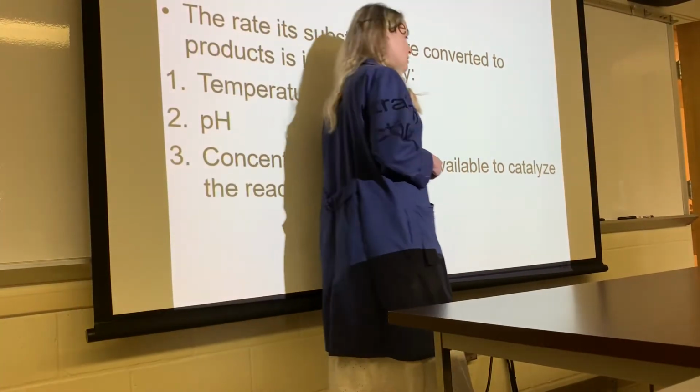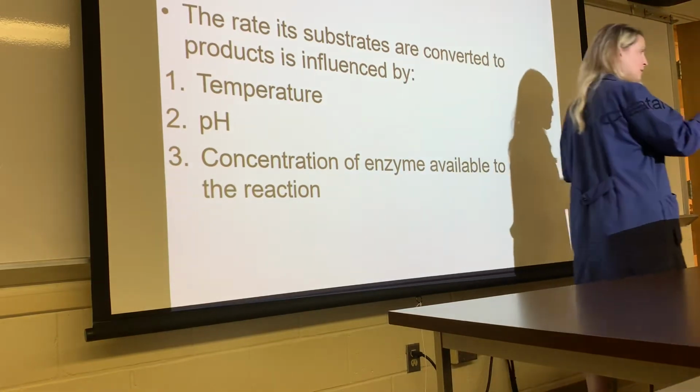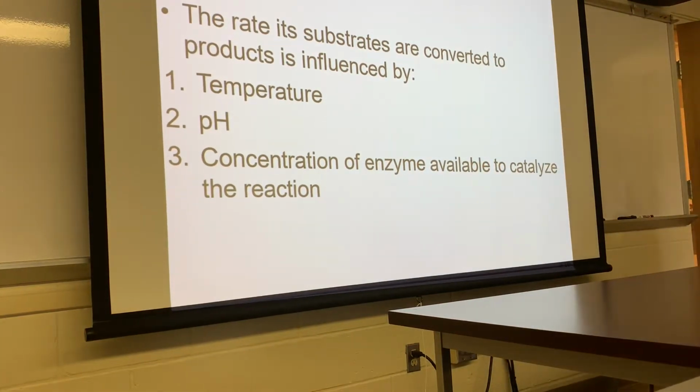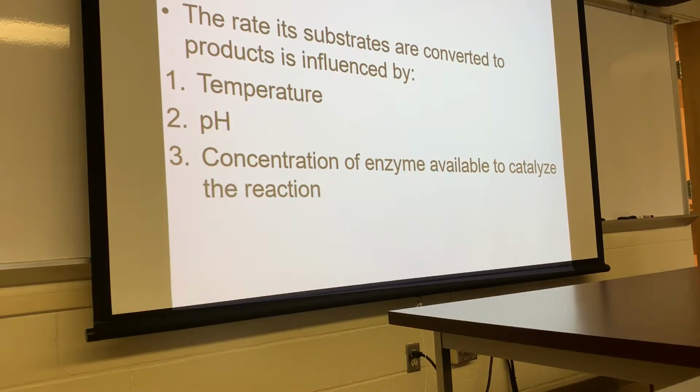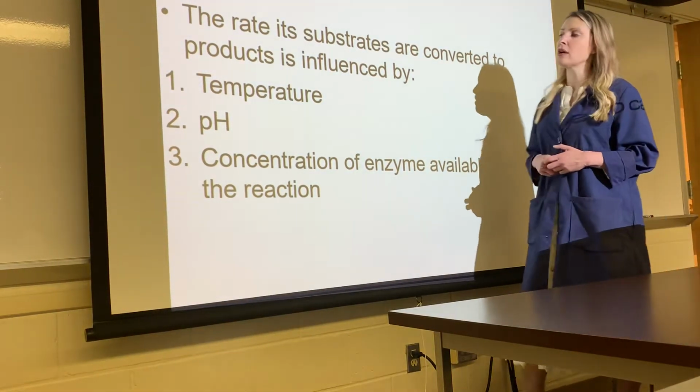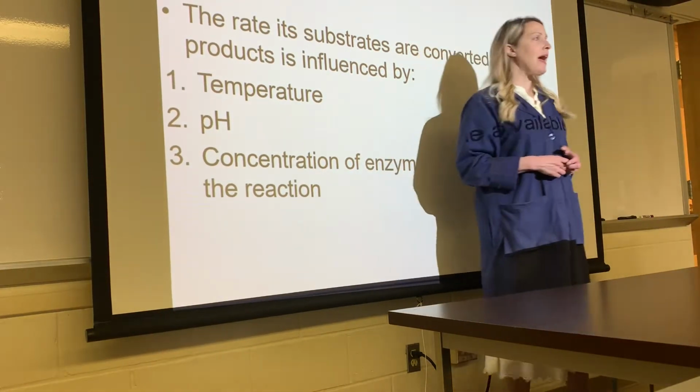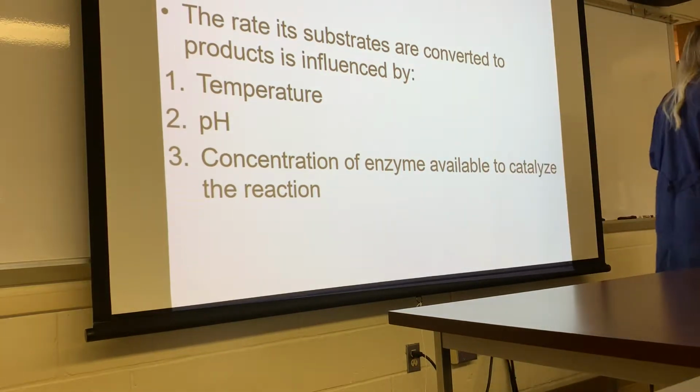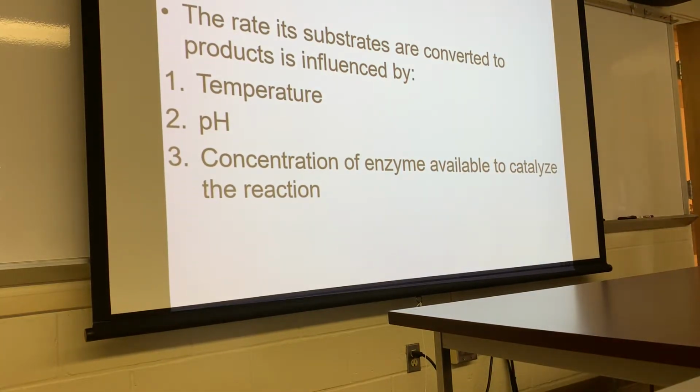Basically, we can't just increase the temperature into perpetuity and keep on making the substrate be converted to product faster and faster and faster. You can't do that. Because with proteins, especially, which enzymes are, we know that if we get too high of a temperature, what happens?